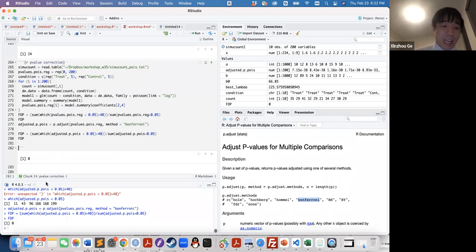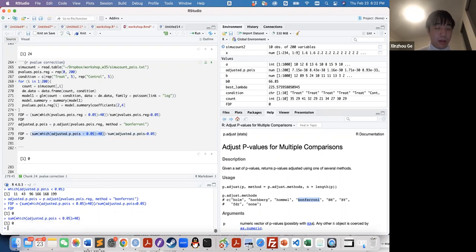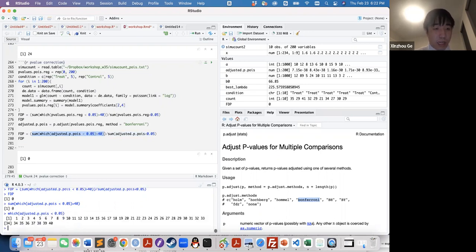So this time we can see that the false discovery proportion becomes 0 after the Bonferroni correction. We can see that after the correction, we have 40 discoveries, and all of them are true discoveries.